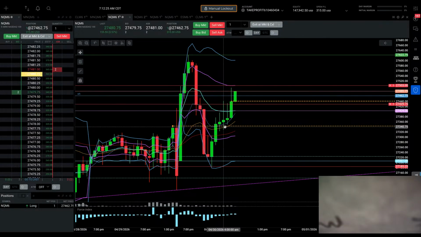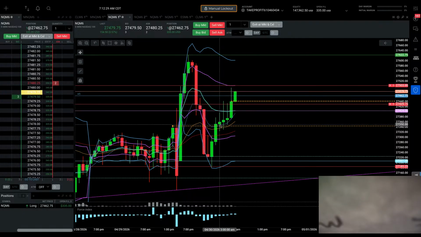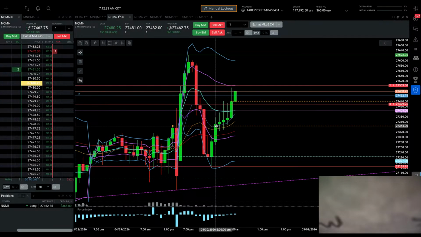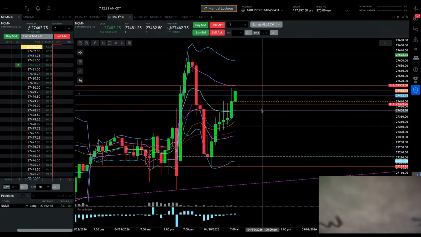Okay, so basically what's gonna happen is this base. It's one, two, three. This base is very important because if price is above this level here and we can't hold this dotted line, then price comes all the way back right around here.